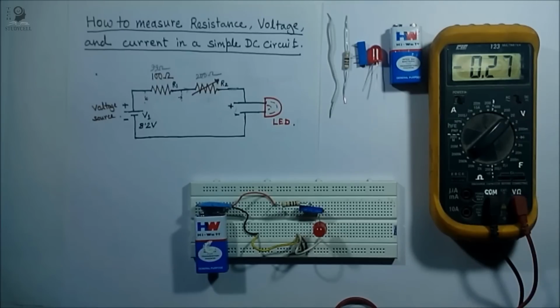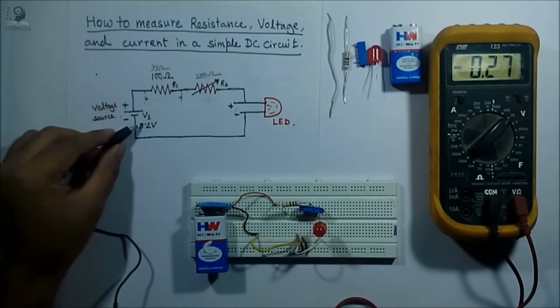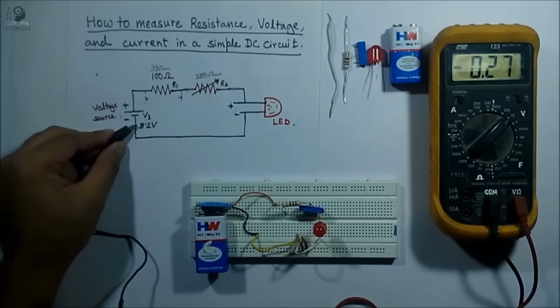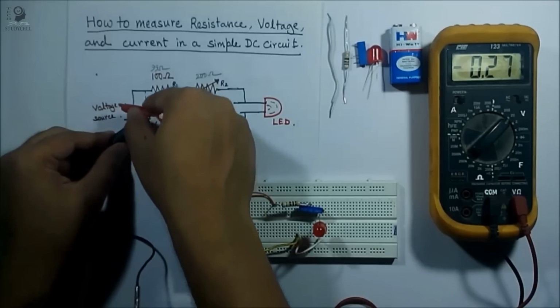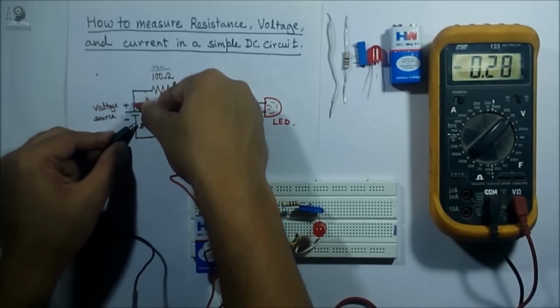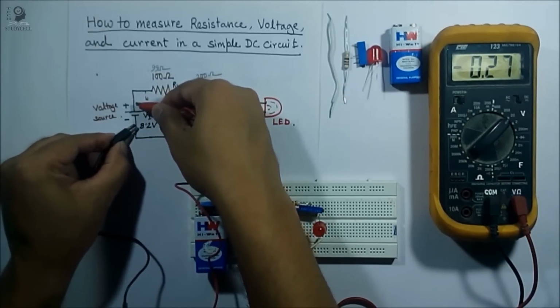Now to measure the voltage with a digital multimeter, we just have to connect both leads of the multimeter across the voltage source that I want to measure. Remember, as it is DC, we have to connect the red terminal to the positive side and the black terminal to the negative side.